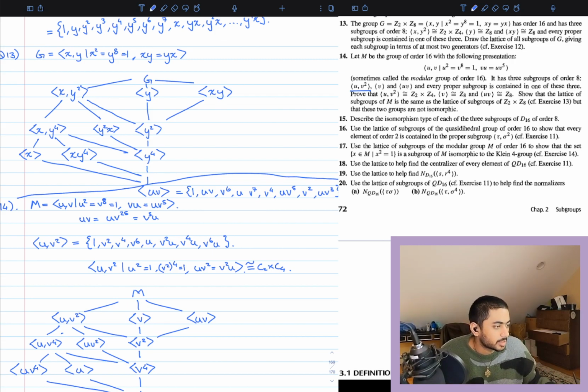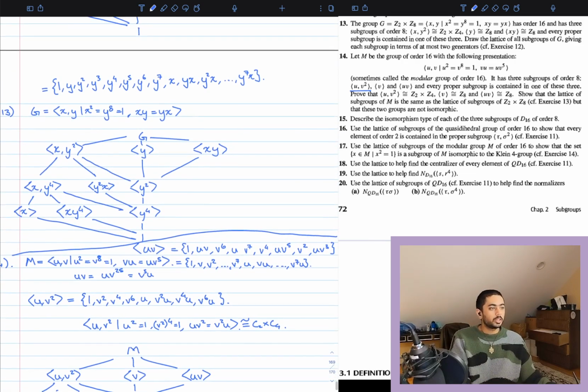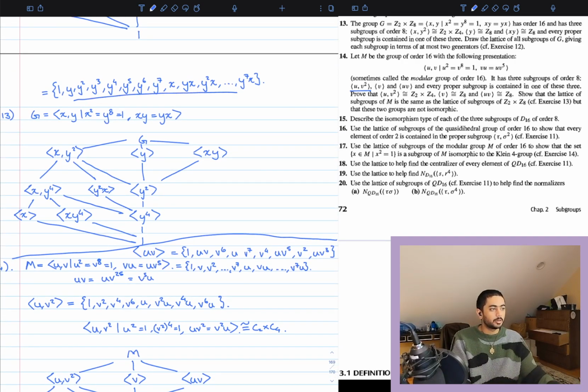Right, so if we write this as a set, M has got 1, the powers of V, and then it's got U, and then the powers of V times U. Would there be a way of sending these elements to these elements in a way that makes the relations work out?